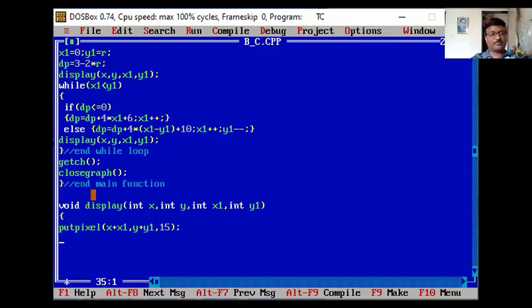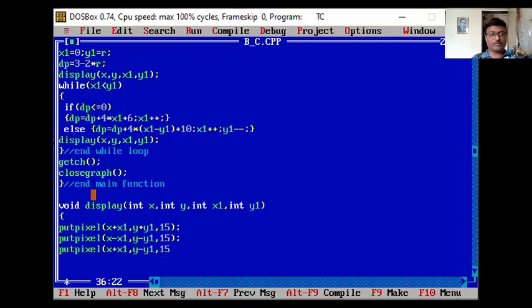Now again call this function putpixel. Here x minus x1, comma y minus y1, comma 15 again. So this function you have to call 4 times first of all. Now x plus x1, y minus y1, comma 15.